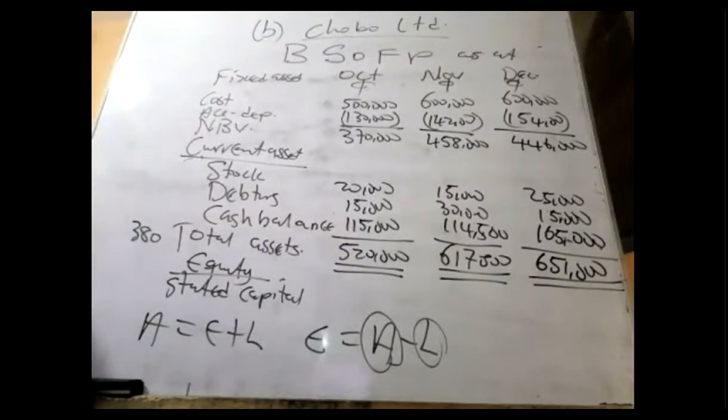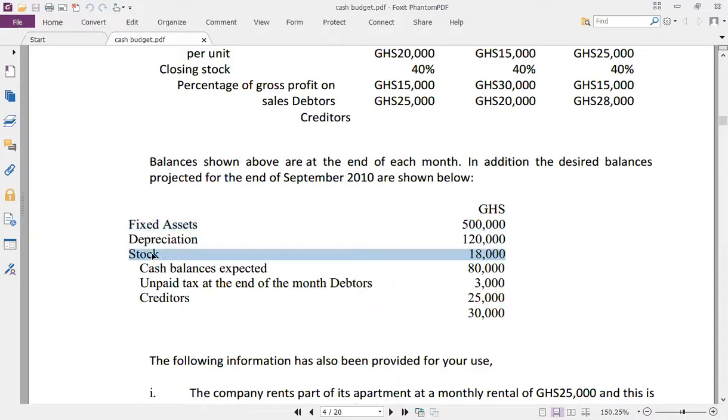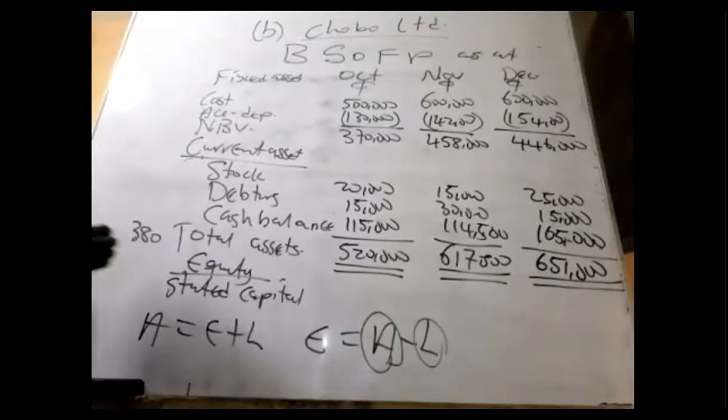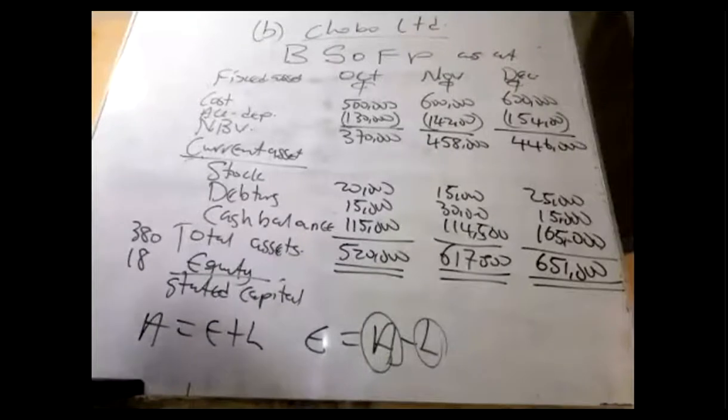Stock is an asset, 18,000, so plus 18. Next item, bank balances, cash balances 80.